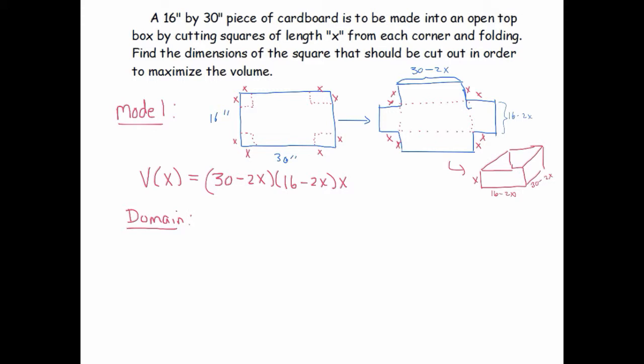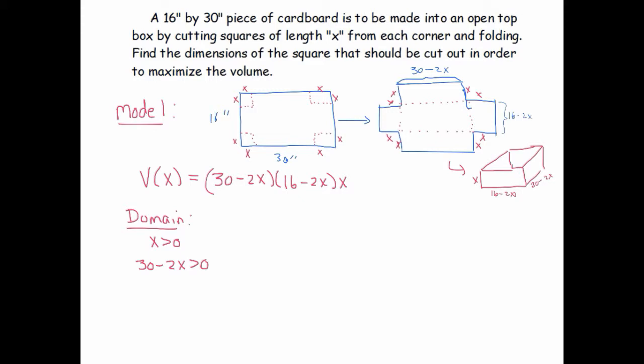Well, first of all, I'm obviously going to cut out something from this box, right? I mean, x can't be 0 or negative, so x needs to be bigger than 0. So I'm not looking at negative values. But we could probably do better than that, because not only that, the side 30 minus 2x, for instance, has to be a positive number. That's a side length, so it needs to have a positive value.